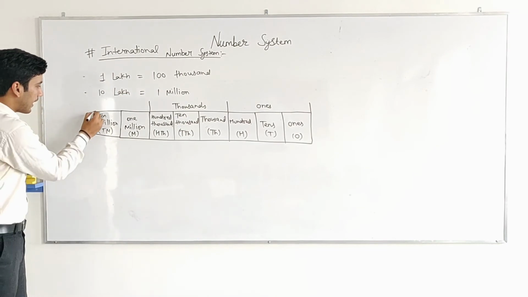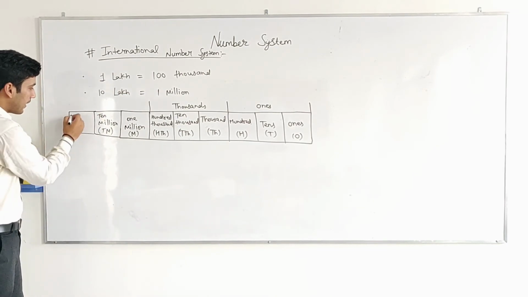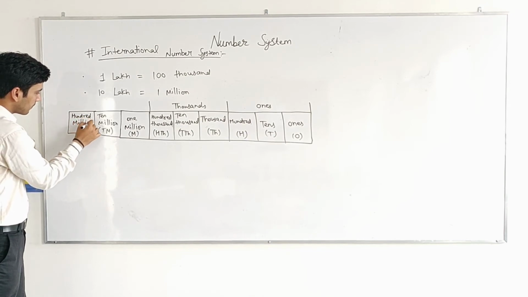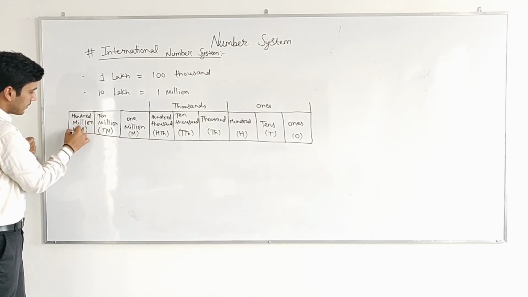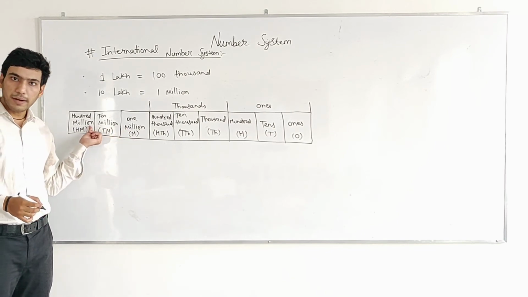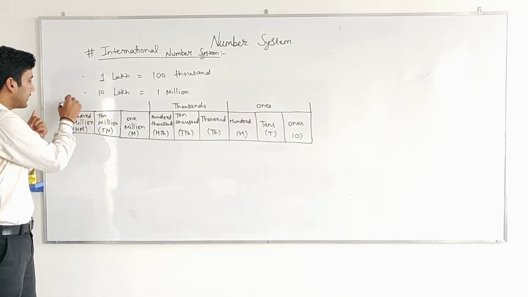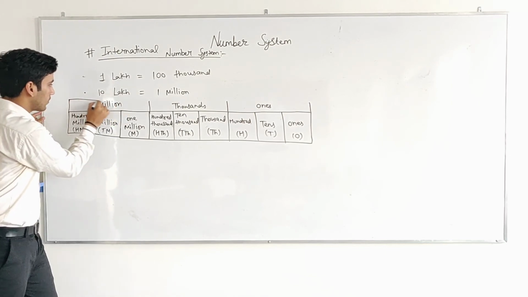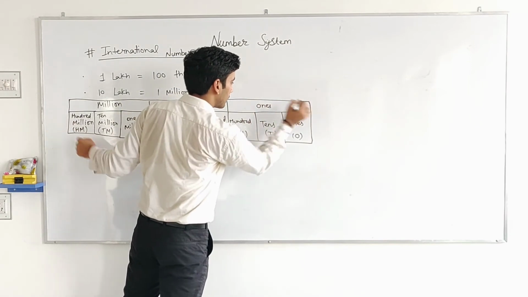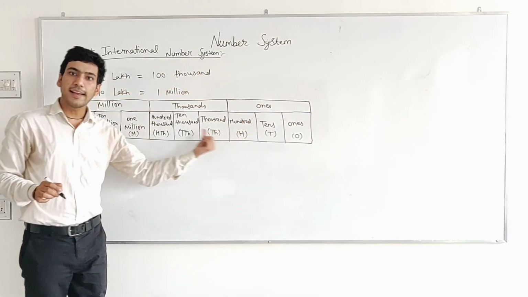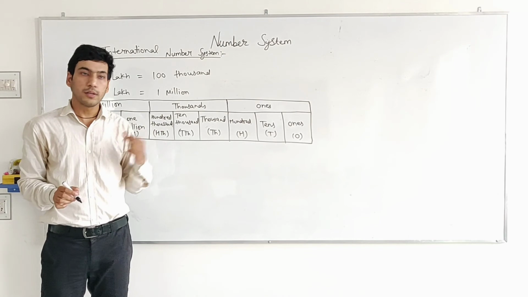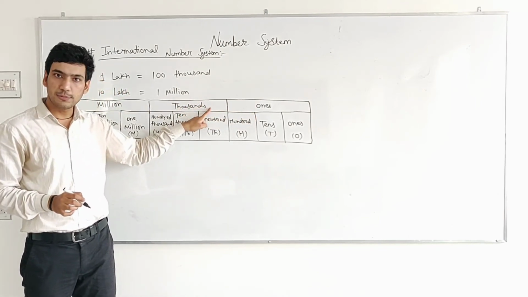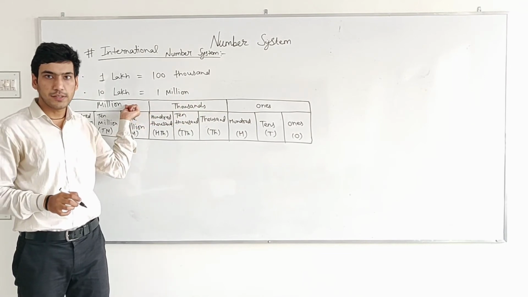And if I draw another place here, 100 million, then these three places are combined to form another period, the millions period. So these 9 places are grouped to form 3 periods: ones period, thousands period, and millions period.